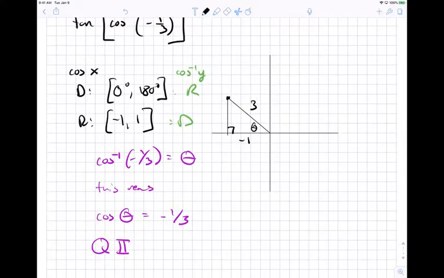So it'll be negative 1 squared. Here, let's write the formula first. A squared plus B squared equals C squared. So if we find that missing side, say this is A, then it should be the case that A squared plus negative 1 squared equals 3 squared.